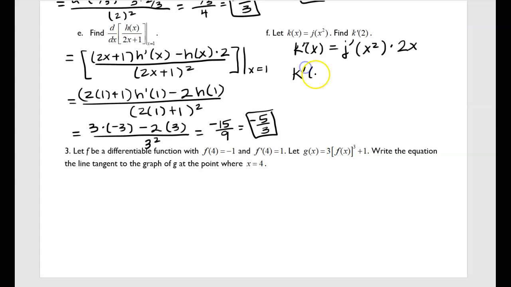Now we evaluate k prime of 2 equals j prime of 2 squared, which is 4, times 2 times my x value, which is 2. j prime of 4, so that was the slope of the graph at 4, that was negative 1/3, times 4 here, and so we just get negative 4/3.